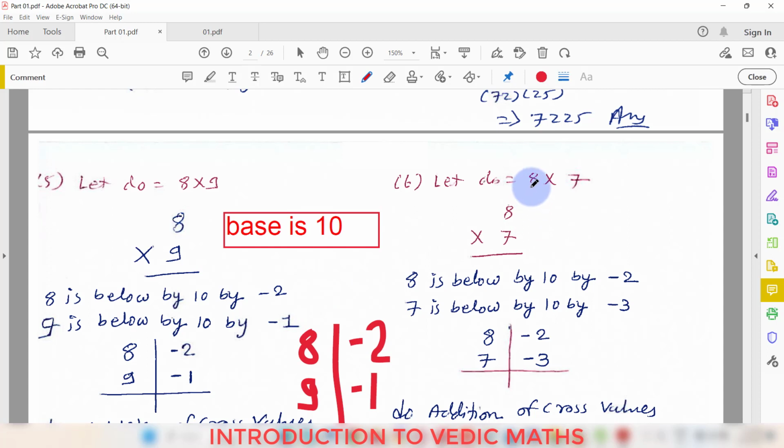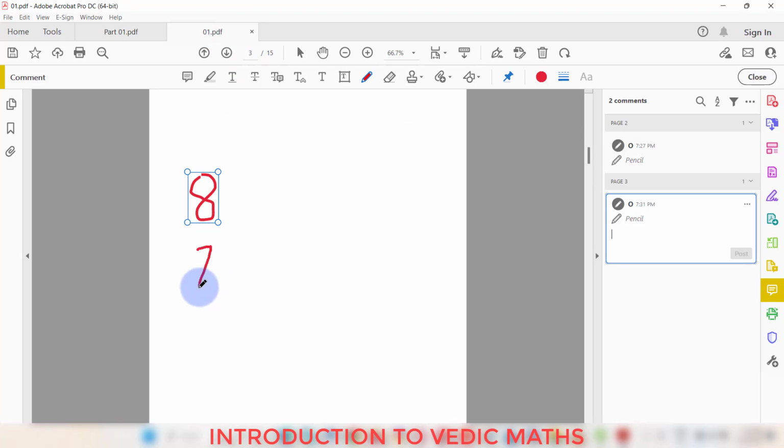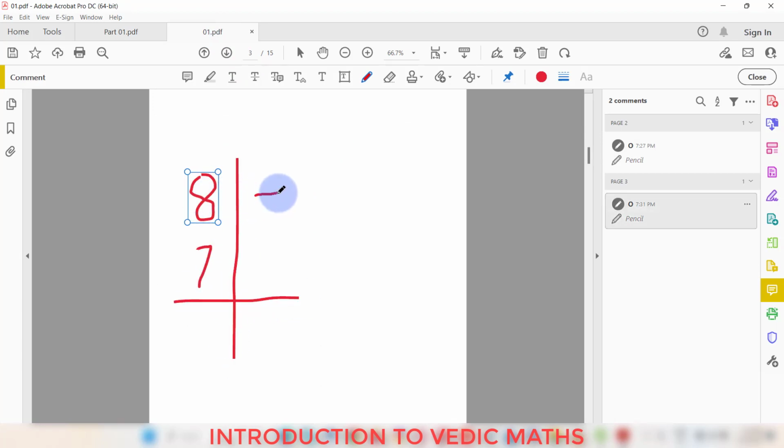Let us say 8 times 7. Here also I am taking the base as 10 because both the values are near 10. So I am writing 8 and 7, with one line. 8 is below 10 by minus 2. 7 is below 10 by minus 3.